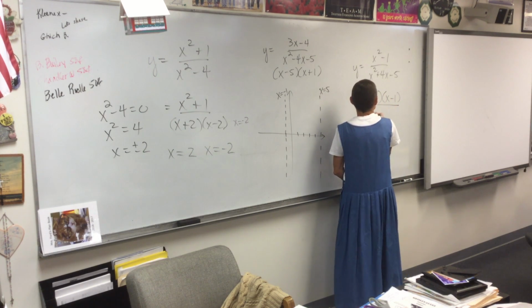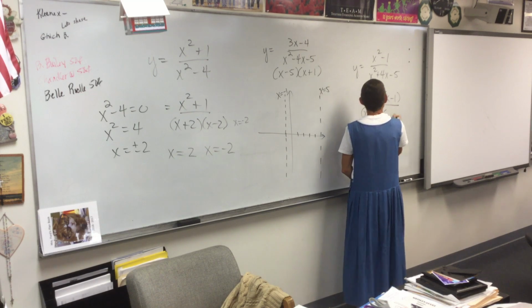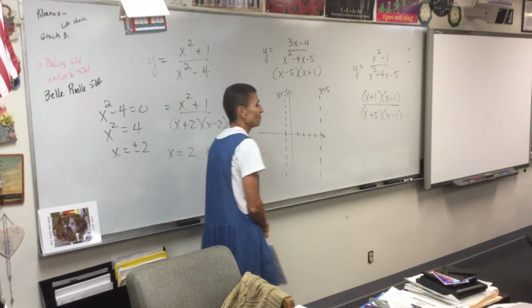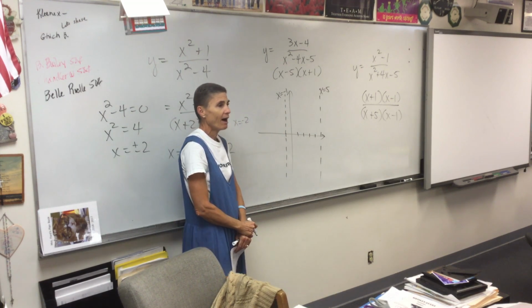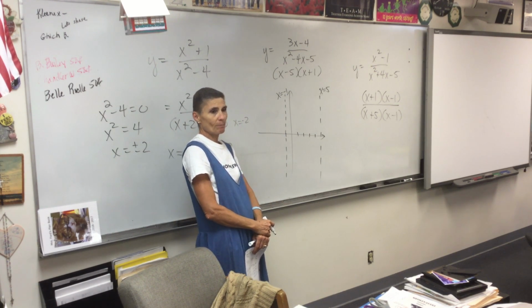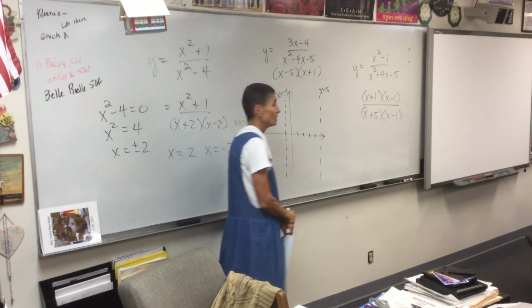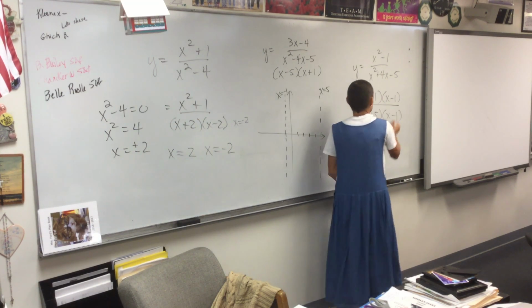Whoa, I don't think we're ready. Whoa. I think you're ready. What is going to happen? I factored my top and I factored my bottom. We can cancel. Oh man.